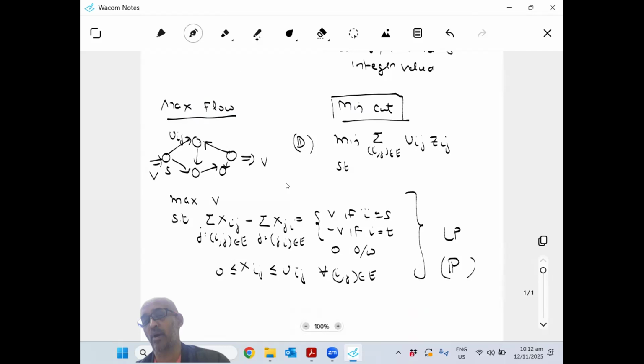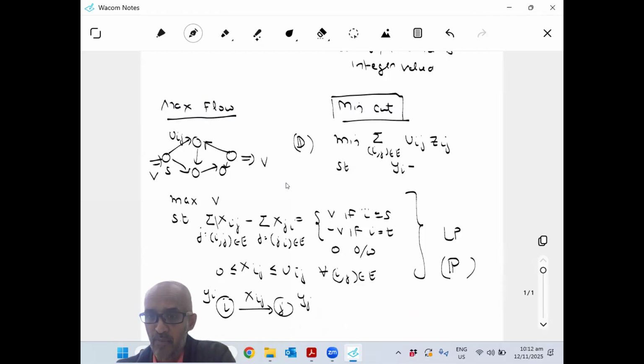subject to my constraints. So for every arc from node i to j, Xij shows up with a Yi here and a Yj here. For node i, Xij will show up with a positive sign, that'll be a +1, so I'll get a Yi. For node j, Xij will show up with a negative sign because that's an incoming arc. So I'll get Yi minus Yj if you write the dual carefully.